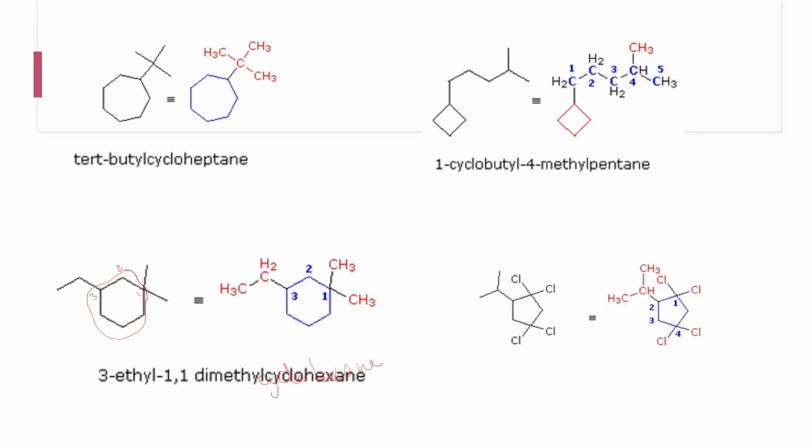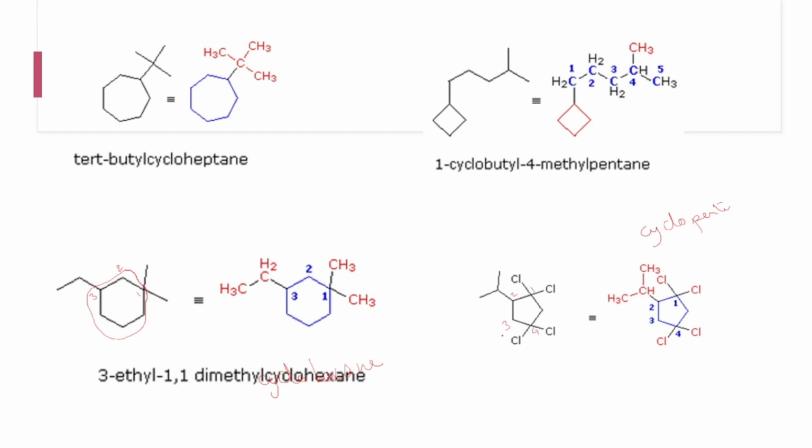As you can see here also, the ring has a larger number of carbons. So cyclopentane here is the mother compound. We should now put numbers because we have more than one substitution on the ring, so we can number as 1, 2, 3, 4 in either direction.